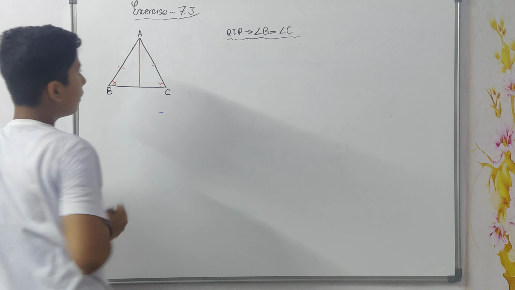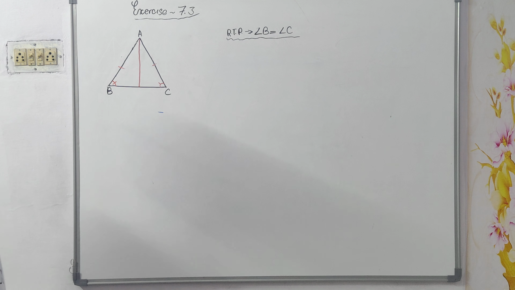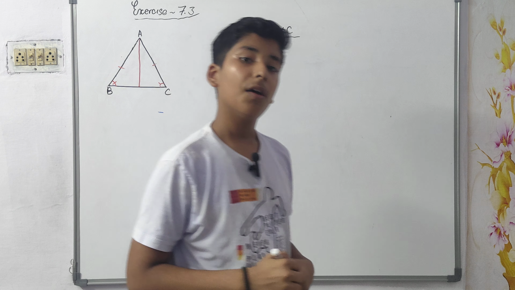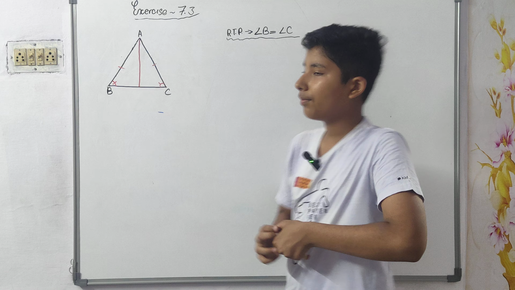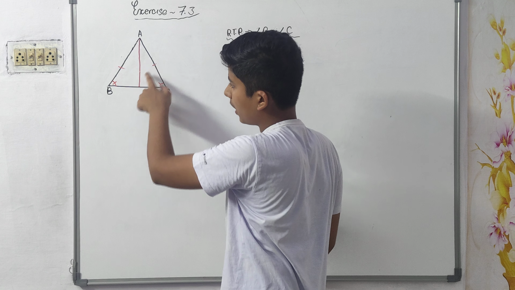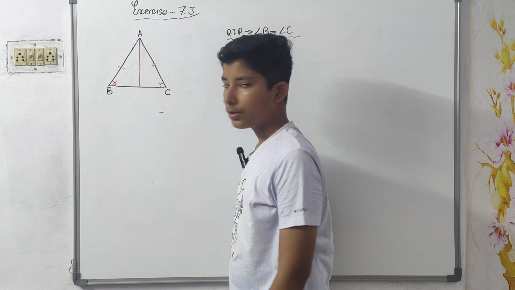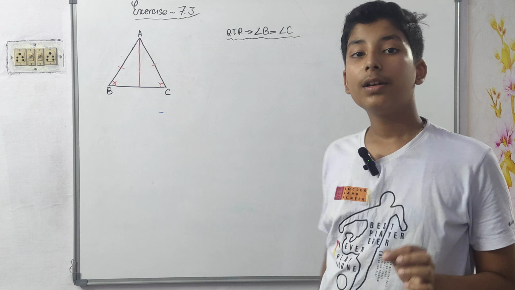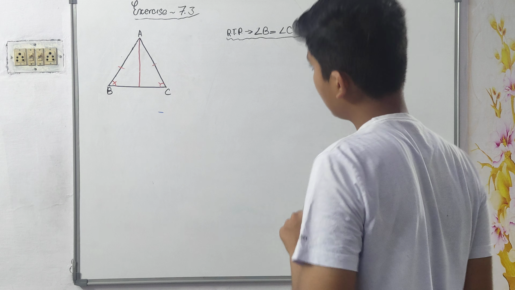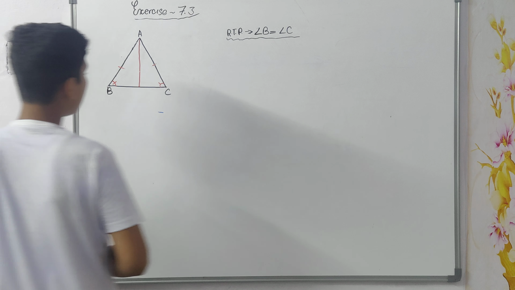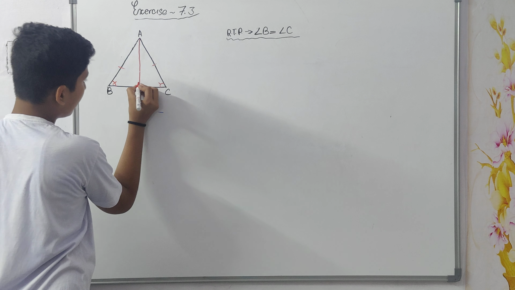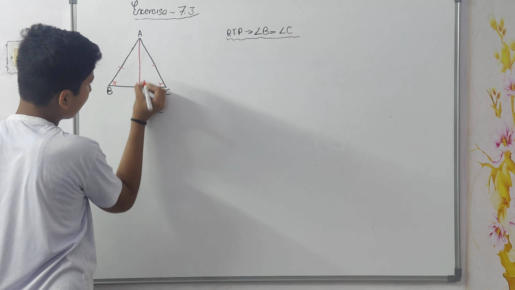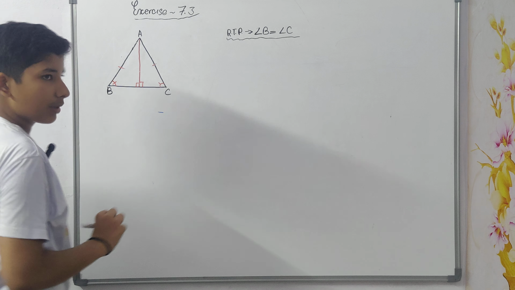So friends, we can prove it by, since equal sides have equal angles opposite to them, angle B equals angle C. But we don't have to prove it like that. We have to prove using this line. So firstly, these both will be 90 degrees. This side is common, these two sides are equal.